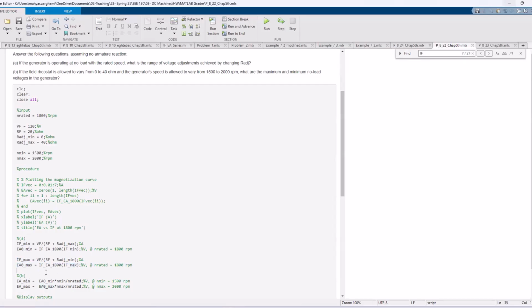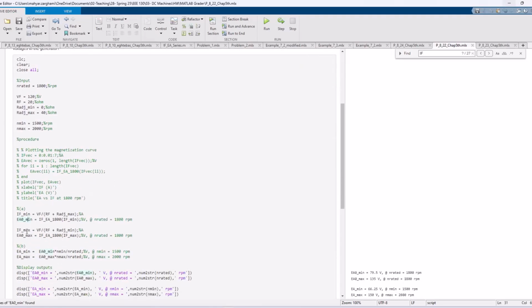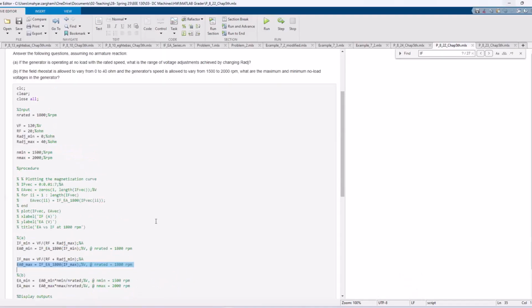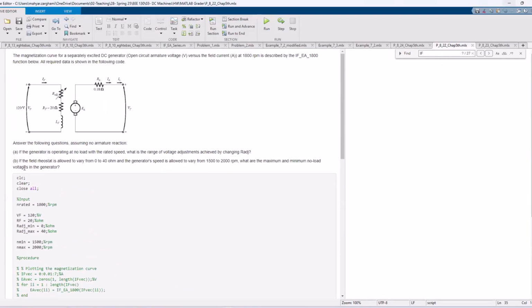This gives us the EA max, and again this voltage is at 1800 RPM, since the machine is operating at no load at the rated speed. Therefore, these would be the two voltages we would expect, the minimum and the maximum voltage.